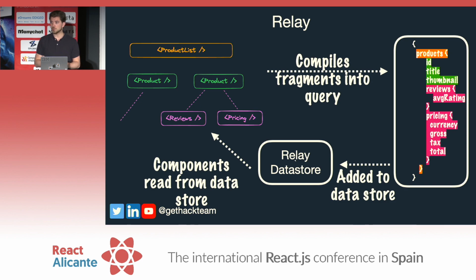This is also pretty cool if you have data that's repetitive or fragments that you're reusing across different components. Because as this is all stored in this data store, Relay is aware of data that could be reused. So maybe you're getting a pricing setup somewhere in your product list, and later on someone clicks on the product page to go to a single product. Relay is able to take some of the data from those fragments and reuse it, meaning that it will speed up your queries.